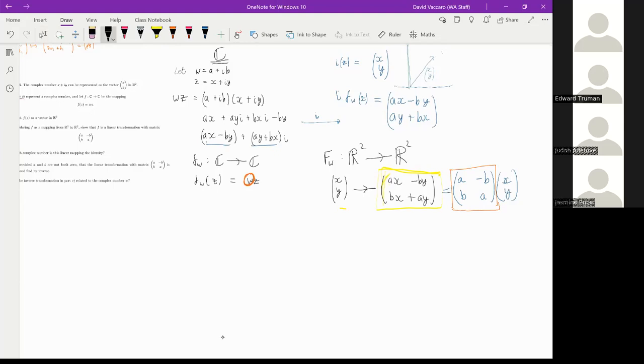And I'll try and convince you of this relationship in another way. Can anyone suggest in the chat, or if they're very brave, unmute themselves, can anyone think of a different way of representing this matrix (a, minus b; b, a)? Can anyone think of a way of decomposing it maybe into two matrices?